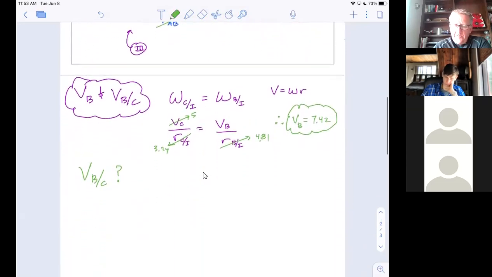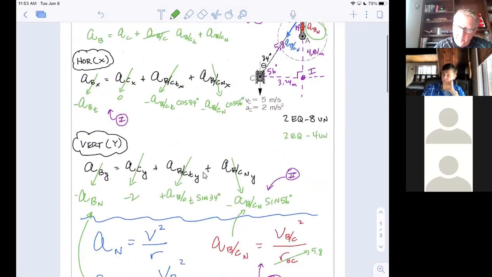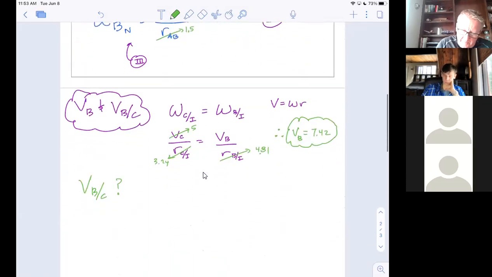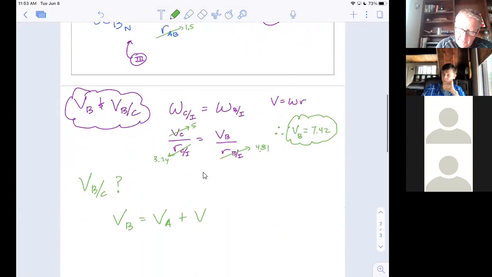Well, remember, that was the problem in the first place. In other words, when we look at this, we say, we know the velocity of C is moving at 5, and it's related to the velocity of B and B with respect to C. But we basically said, if you want to know what's happening up at B, then you say, well, it's exactly the same as what's happening at A, plus that rotation of B as it rotates around C. This is wrong.